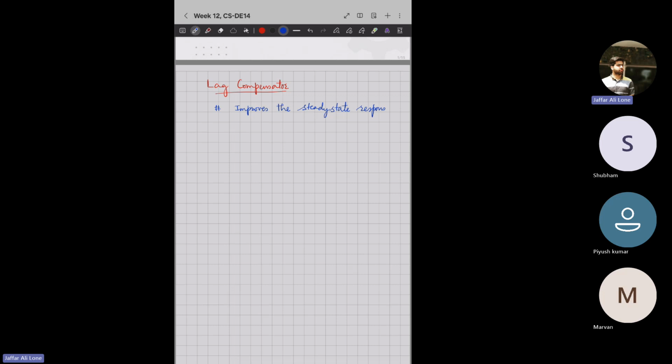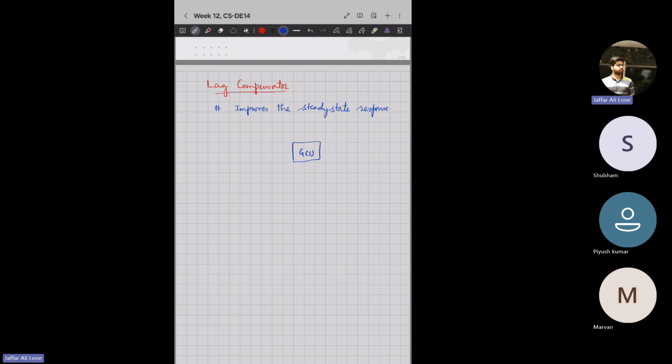Whenever you want to achieve some desired goal for your system, it's not always possible to manipulate the system, so you have to add something additional to achieve that goal. For example, you have a plant G(s) that is not giving you what you actually desire.